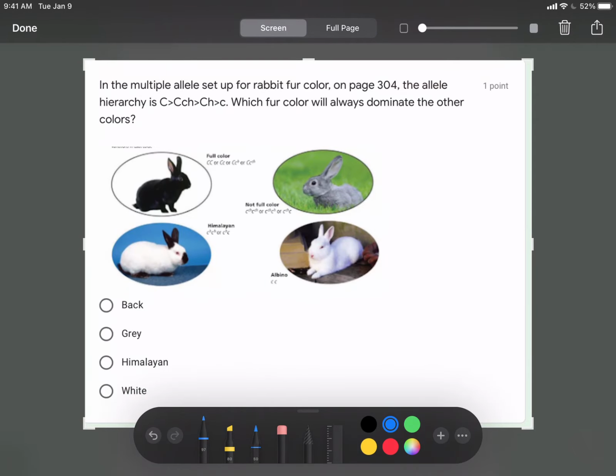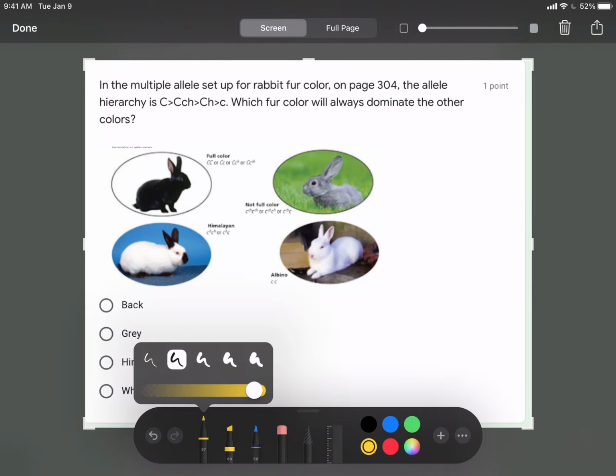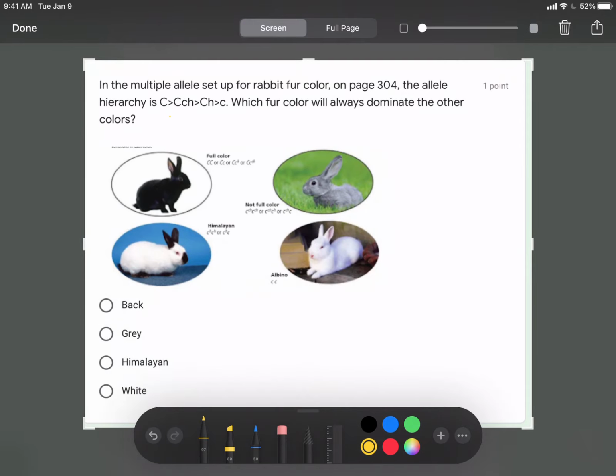All right, so when we're talking about multiple alleles, basically what we do is we set up a hierarchy. And in the hierarchy, what you can see up here is that C is the most dominant. So this capital C, it's on the top of the totem pole, okay? It's the king. Nobody messes with it.